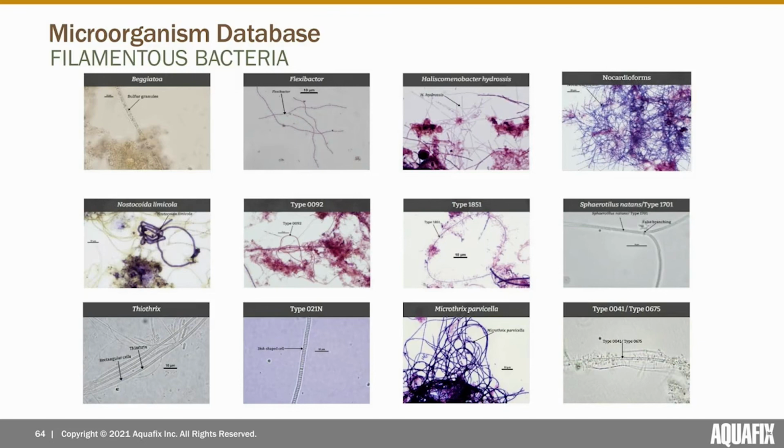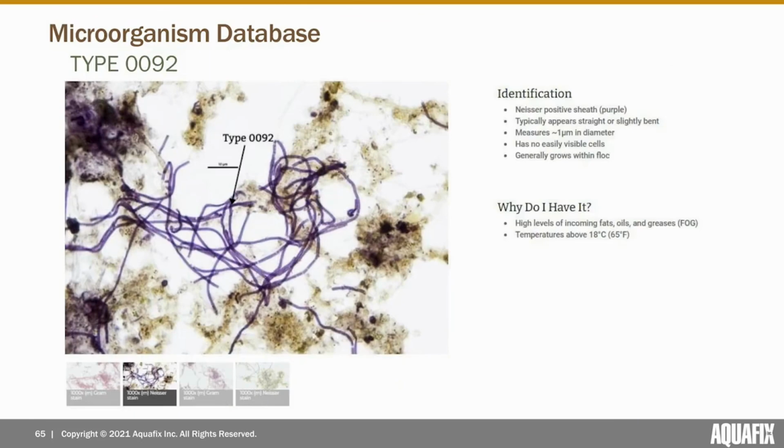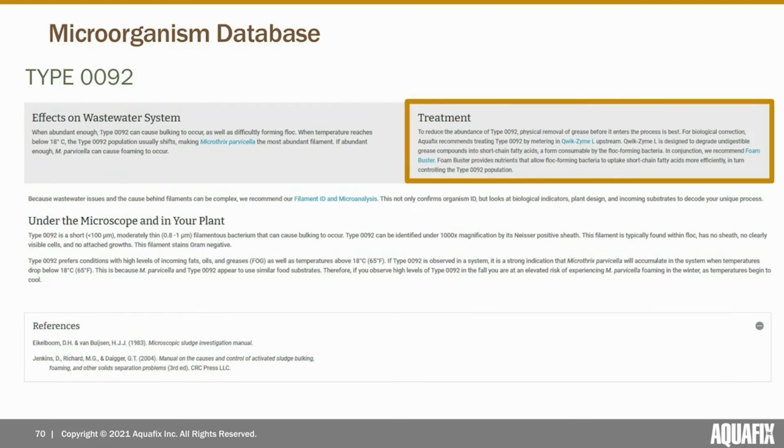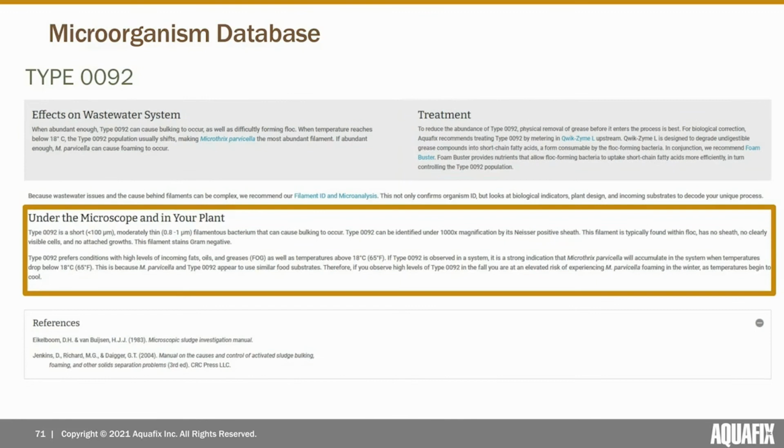Once you click on a thumbnail, it will bring you to a page dedicated to that specific filament, in this case, type 0092. The page will consist of ways to identify the specific filament. There will be other photos showing what it looks like when it's stained or under other views, and a section explaining why they may be present in your system. Scrolling further down, the page also includes what a filament could do to your plant, potential treatment options, as well as a more detailed description of the filament.